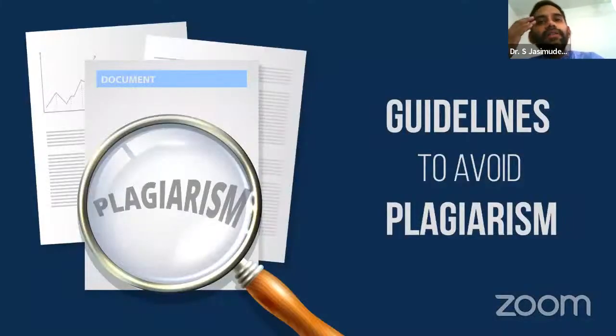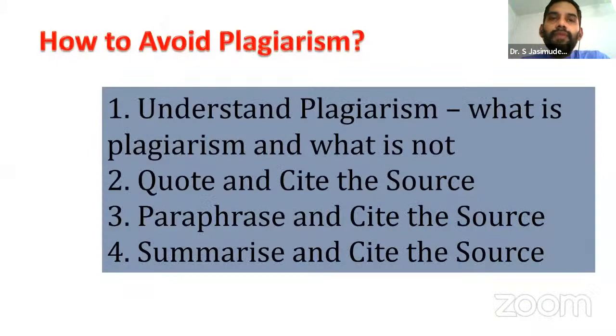Then this is for the early stage researchers, how you can avoid plagiarism. The best way to avoid plagiarism is to understand it. What are the constituents of plagiarism? Then what is quoting, what is citing the source, what is paraphrasing, and what is summarizing.